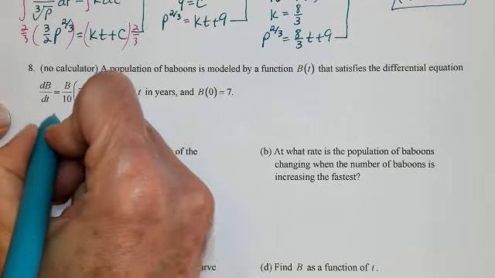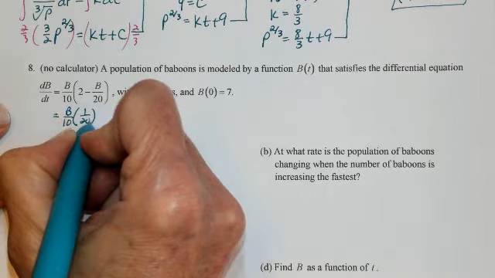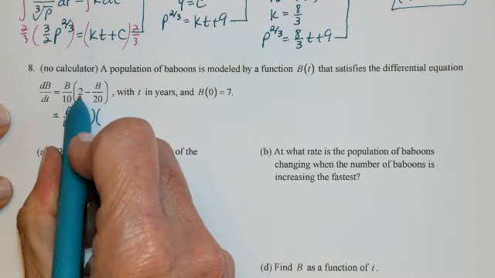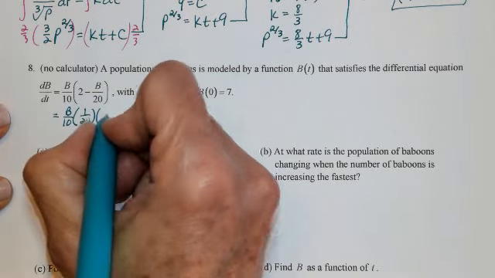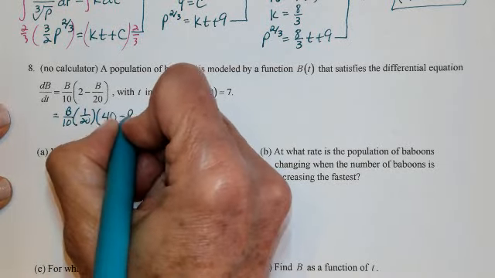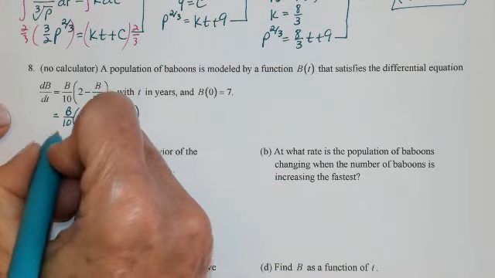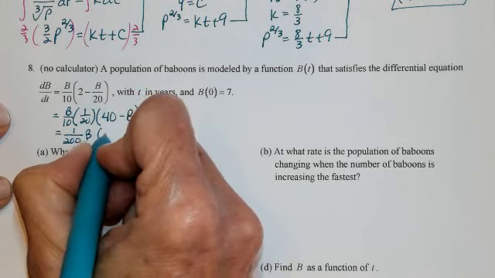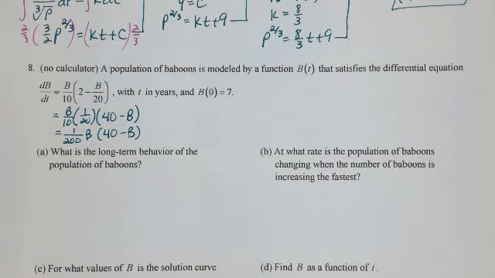So we're going to factor out a 1/20, right? When you factor out a 1/20, 2 divided by 1/20 is 2 times 20, so that's 40. Okay, so this becomes 1/200b times 40 minus b, and that is the form that we want it in, right?